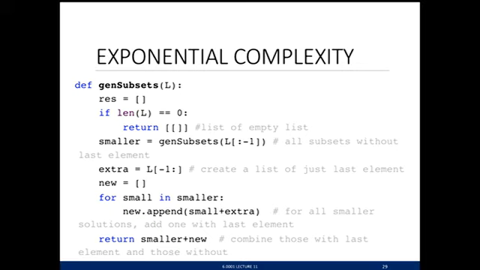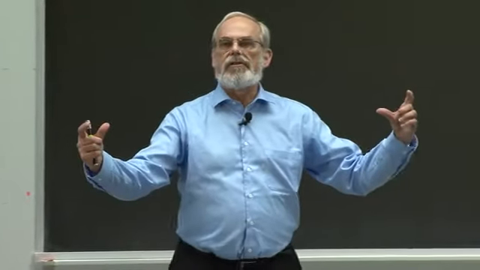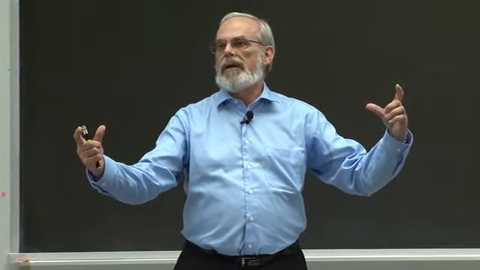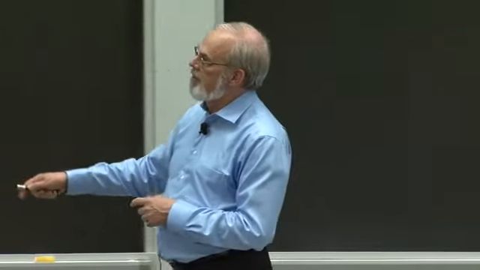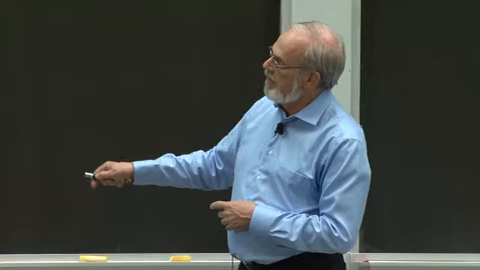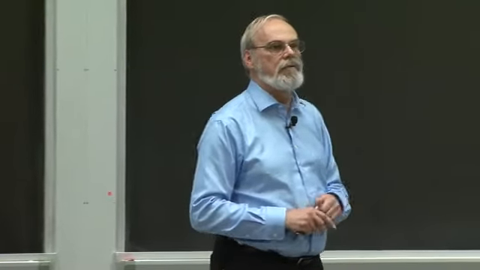I'll set up new as a variable here, and I'll loop over all of the elements from the smaller problem, where I basically add that list to that list, and I put it into new. That's simply taking all of the solutions of subsets of up to n minus 1 and creating a new set of subsets where n is included in every one of them. And now I take this, and I take that, I concatenate them together and return it.